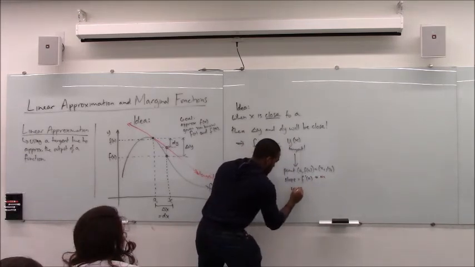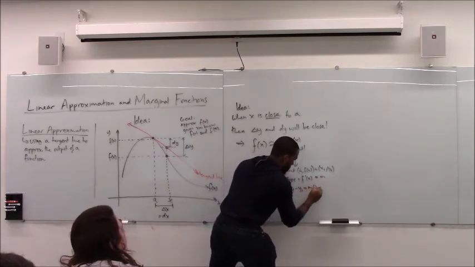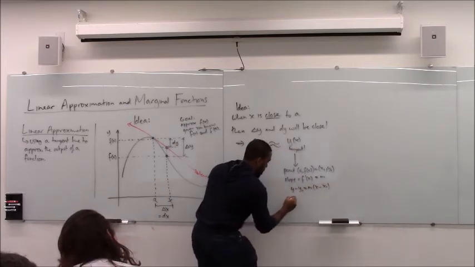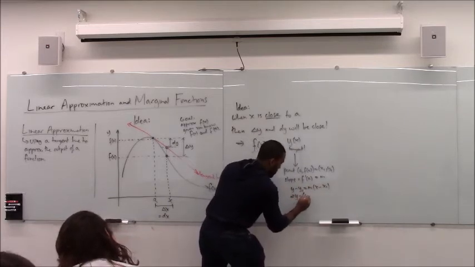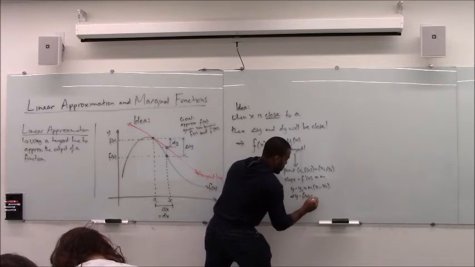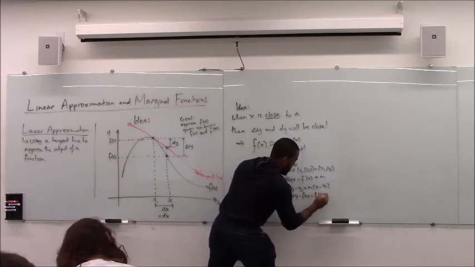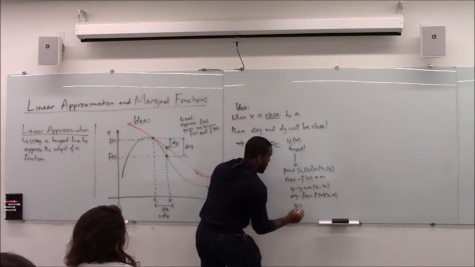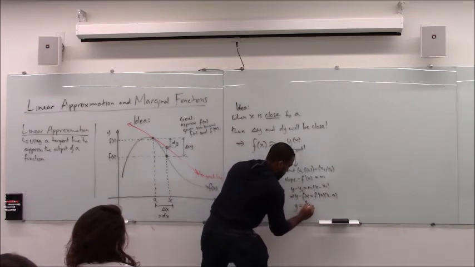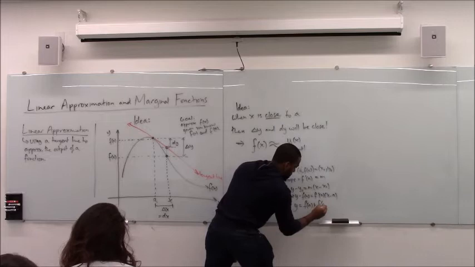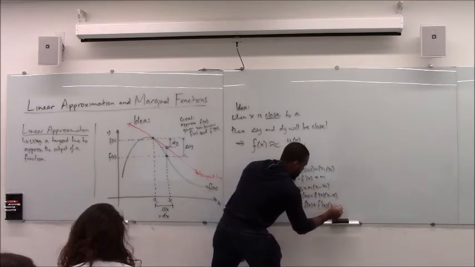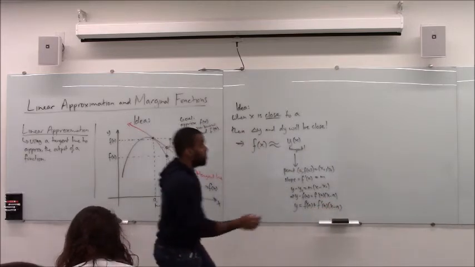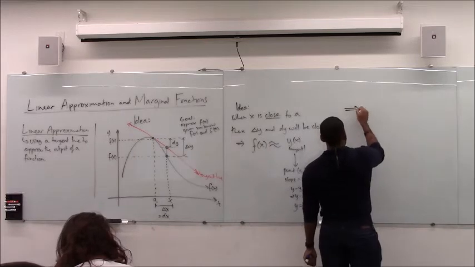And so I can use y minus y1 equals m x minus x1. And so that would mean y minus f of A is equal to f prime of A times x minus A. And so my y for the tangent line will be f of A plus f prime of A times x minus A. Right?